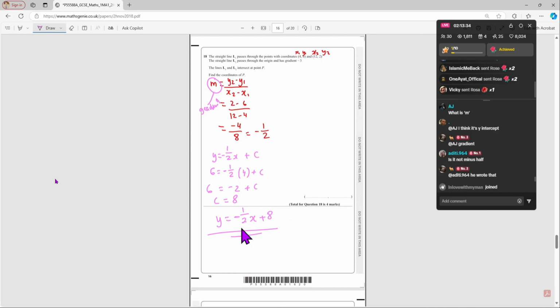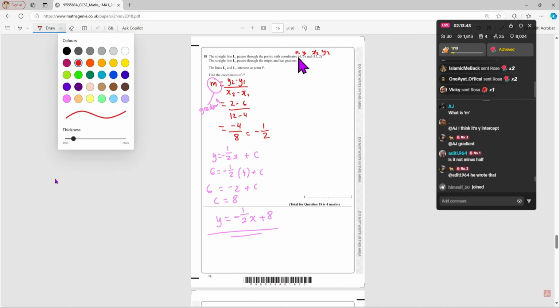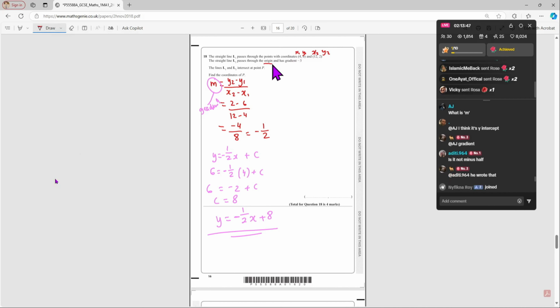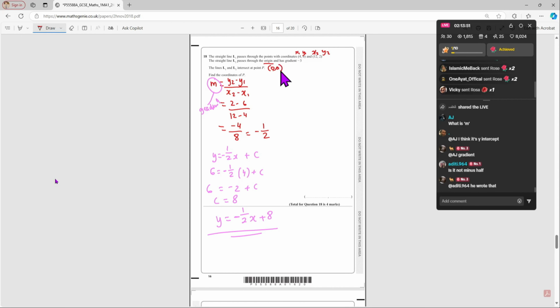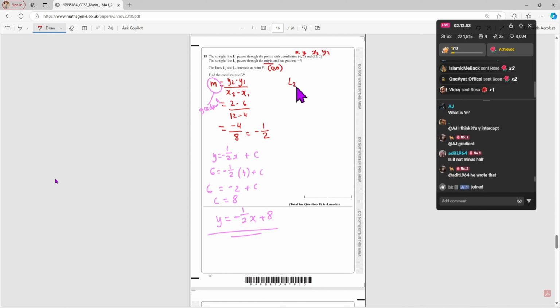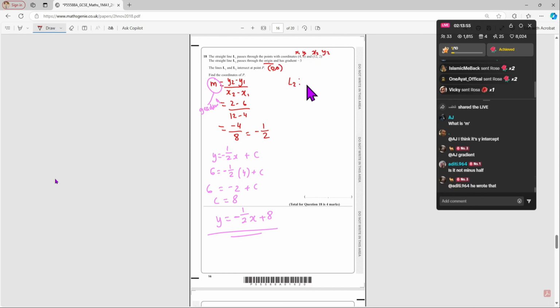So now once we have done that, we know that the straight line L2 passes through the origin and has a gradient of -3. So if the line passes through the origin, it passes through the point 0, 0, and we know that line 2 has an equation of y is equal to -3x.